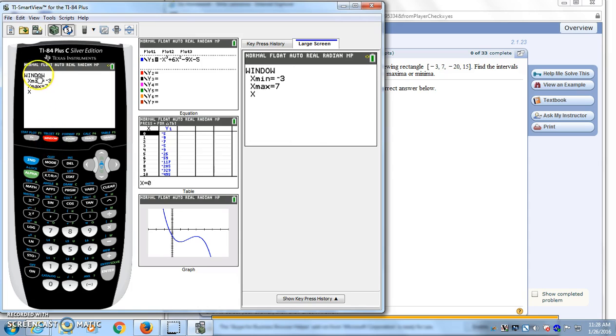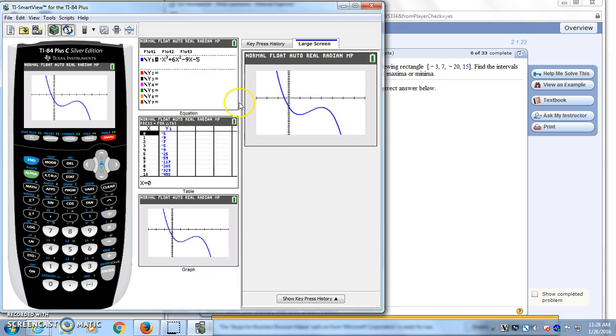But if you're going to pick your own window settings, then you will type them in, and then you will just hit graph. So they've decided ahead of time that in order to see all of the increasing and decreasing intervals adequately, that we should use these window settings. So now when we hit graph, we can see everything nicely.